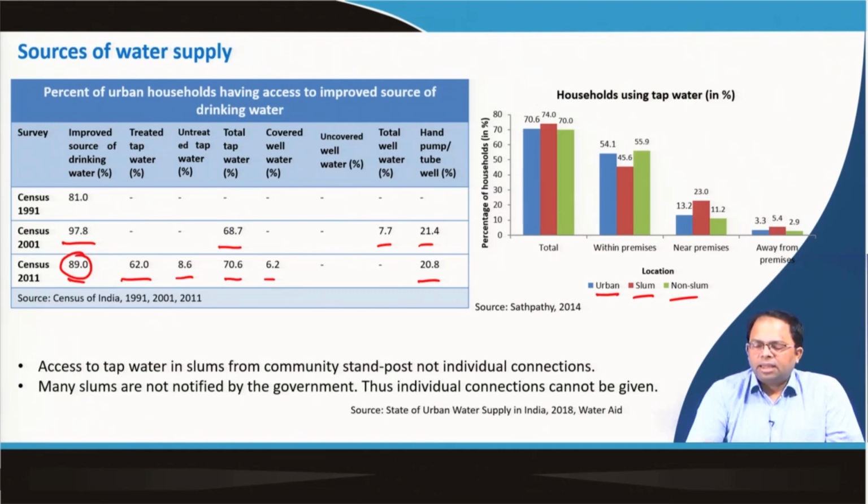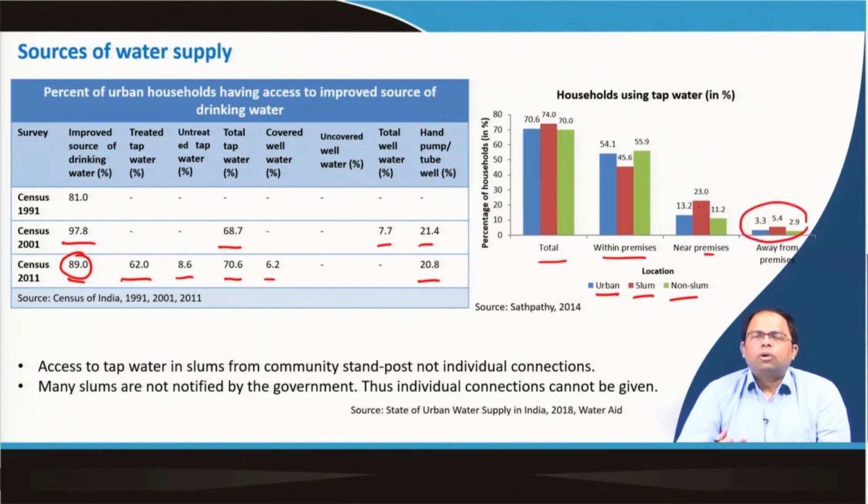Within premises, around 45.6% of the slum dwellers and 55.9% of non-slum dwellers have tap within their premises, and near premises 23% of slum dwellers and 11.2% of non-slum dwellers use water from near premises, and from away from their premises we can also see these percentages.